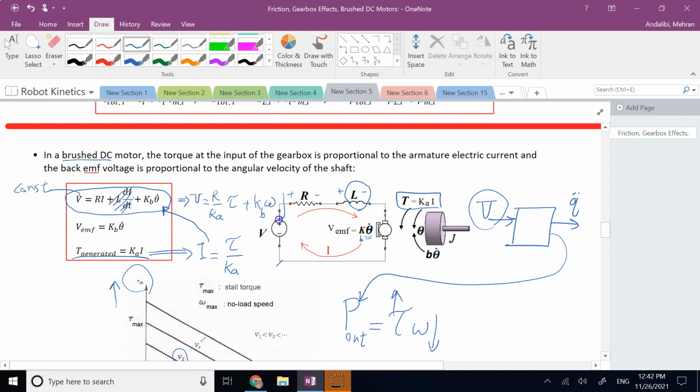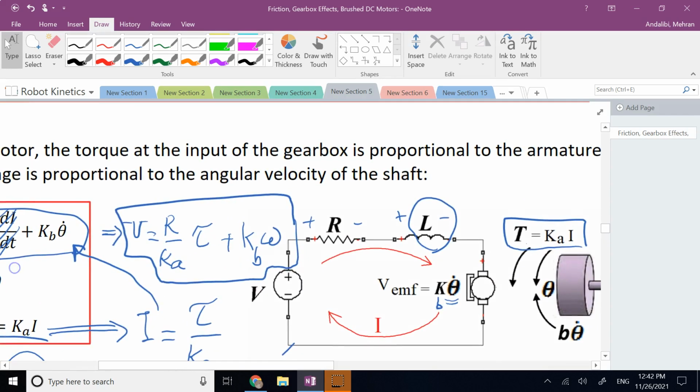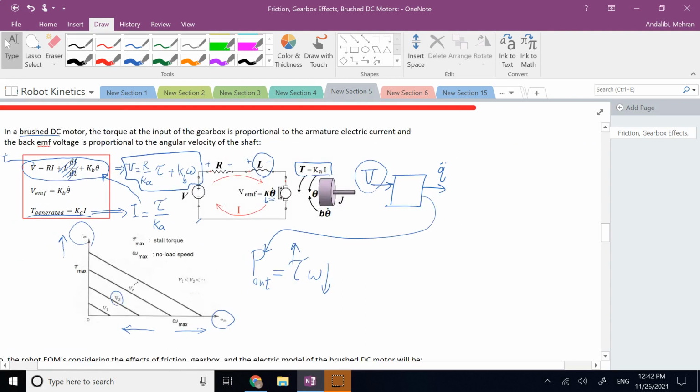So this is what you will get. And if you look at this equation, clearly that explains that graph, right? Because if V is constant, then you can take one of these terms to the other side, and that term becomes negative, which clearly explains that negative slope, right?